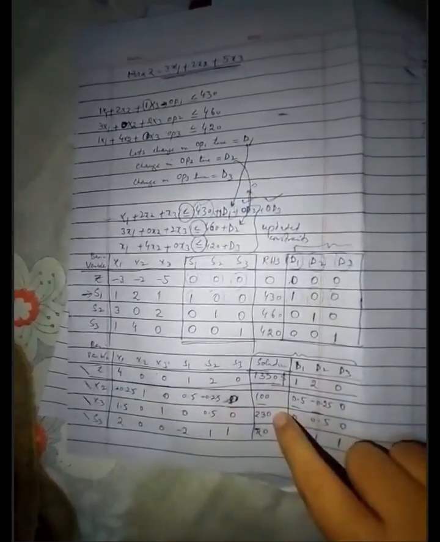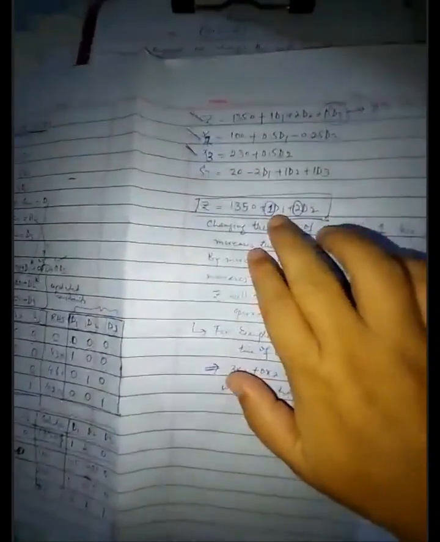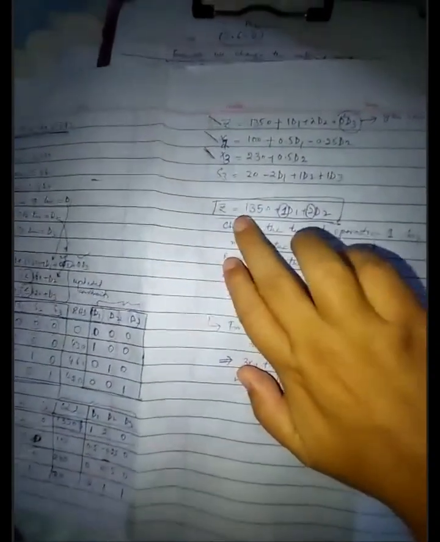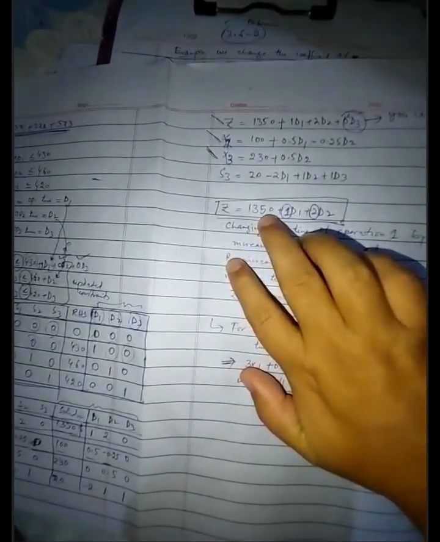We have z, which is the objective value, x2, which is the number of trucks, and x3, which is the number of toy cars, and we don't have x1 over here, so x1 will be 0.